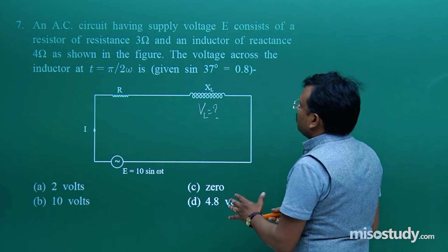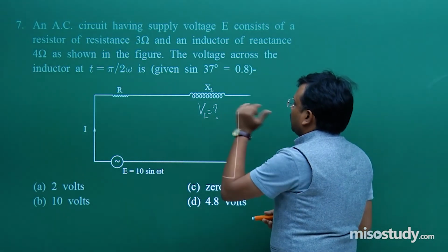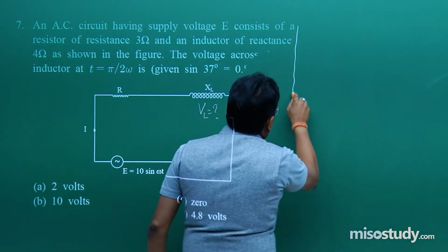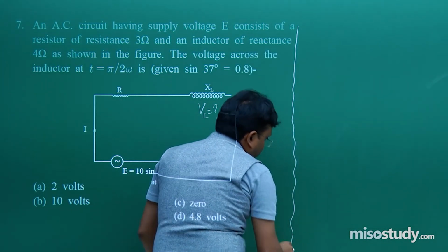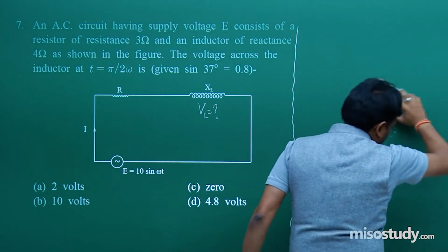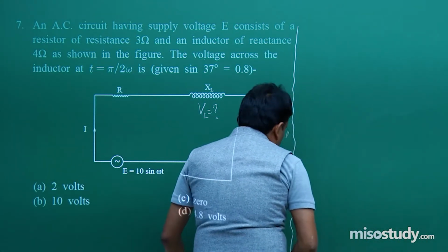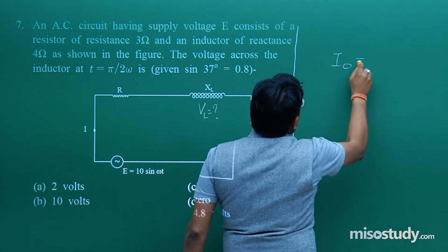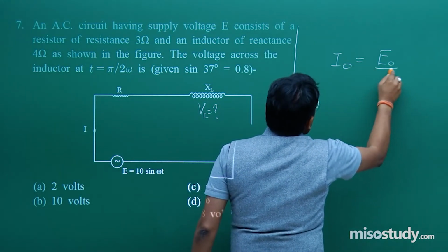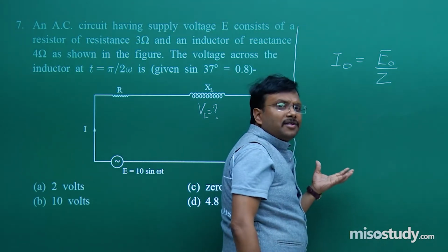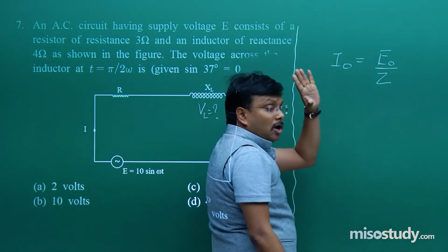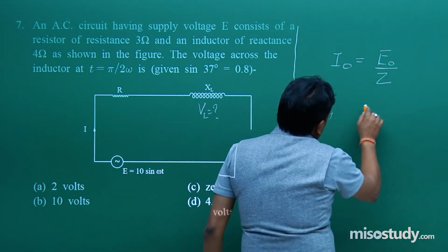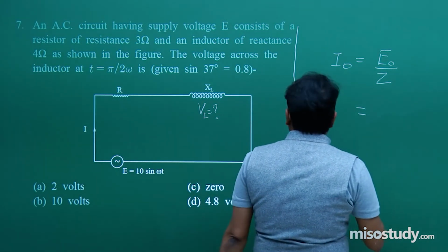We have to find the value of voltage across the inductor at time pi upon 2 omega. The same formula I will use again, that is I naught is equal to E naught by Z. You can say yes, it is a basic result, V is equal to IR type of formula, class 10th. Fine. So, I naught is equal to E naught upon Z, put the values.